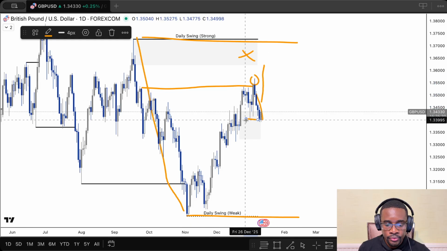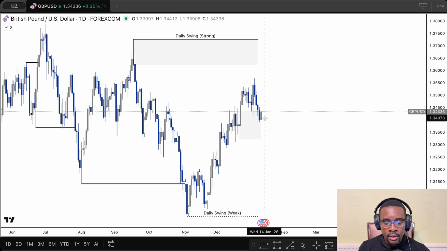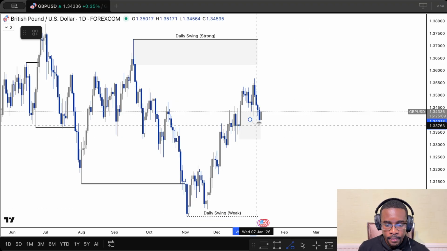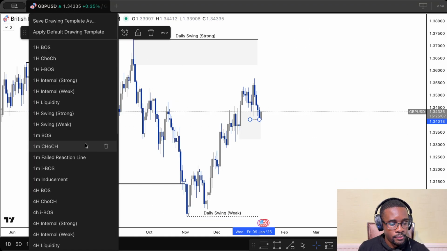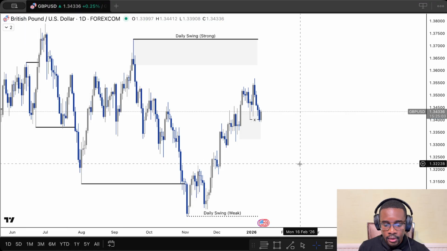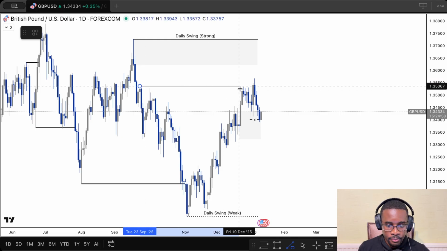So now we've taken the liquidity below this low, and we are reacting bullish, so I will call this a sweep, just as we had a sweep up there.